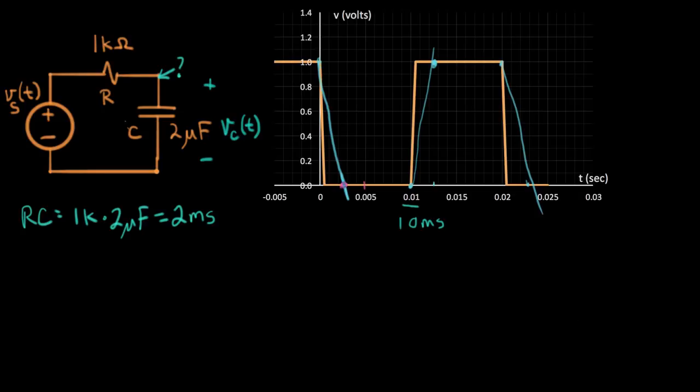Now, let me get a little more exact. What I want to do now is do a better job of sketching in this exponential curve. And we know that it's about 37%, right about there. Here's about 37% of the starting voltage right there. So now I just use my sketching skills and smooth in some kind of curve that looks like that.